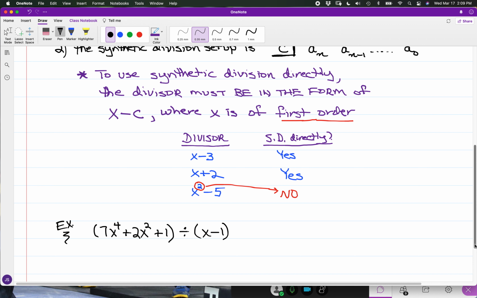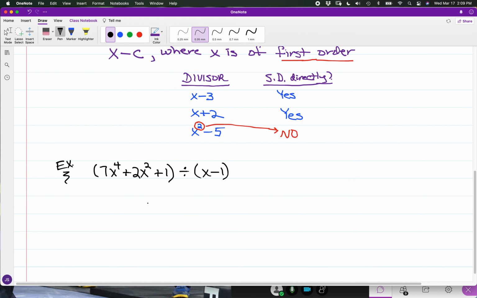If I wrote this as a ratio, you have 7x to the 4th plus 2x squared plus 1, all over x minus 1.